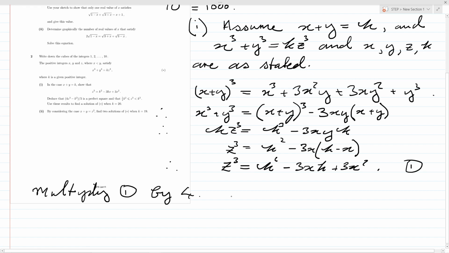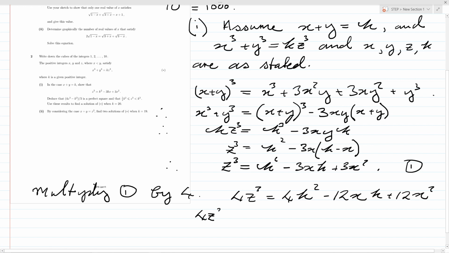And we're going to get 4z cubed is equal to 4k squared, subtract 3 times 4, which is 12xk plus 12x squared. Now I think, oh, this looks even worse. But then we've got 4z cubed minus k squared, so why not subtract k squared from both sides? Because we want the left-hand side at least to look like this. And then if we can see that this is actually equal to a square number on the right-hand side, then we will be done.